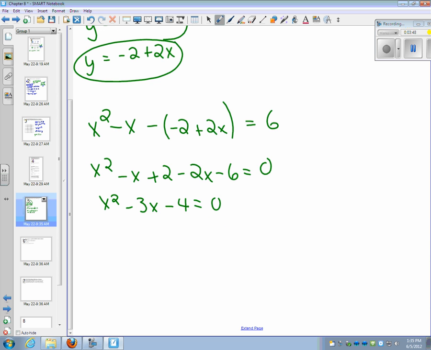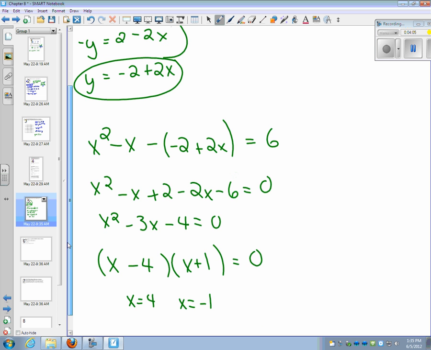Let's see if I can factor this. Two things that multiply to be negative 4 and add to be negative 3. So I have x equals 4 and x equals negative 1.